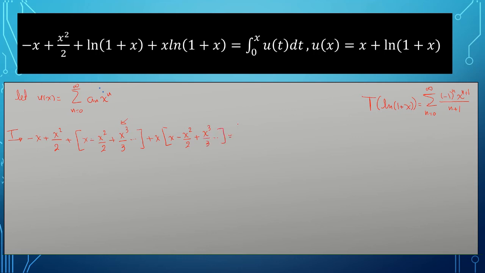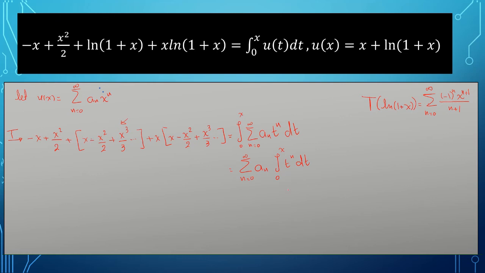And this is equal to the integration from 0 to x of the summation, n from 0 to infinity, of a_n t^n dt. And this is equal to, we can get a_n outside the integration because it is not depending on t, and t raised to n is the one that will remain.